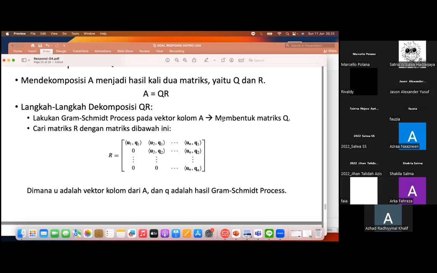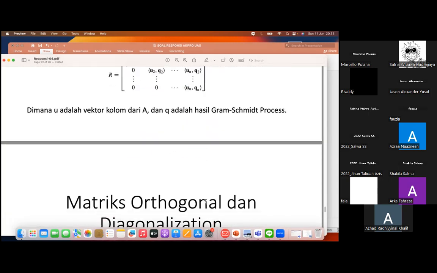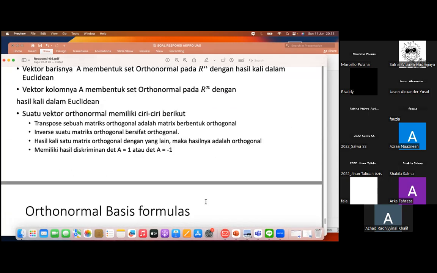After we perform Gram-Schmidt, we're going to get a matrix Q. And from this matrix and from the result of the Gram-Schmidt, we can also obtain a matrix R, which is an upper triangular matrix, which looks like this. Okay.